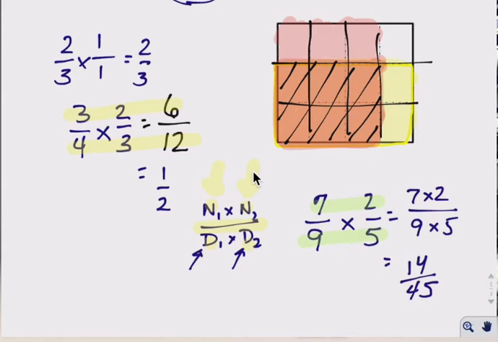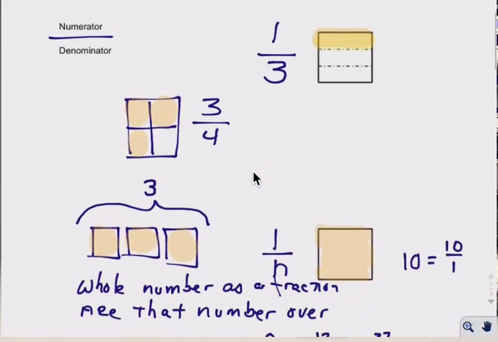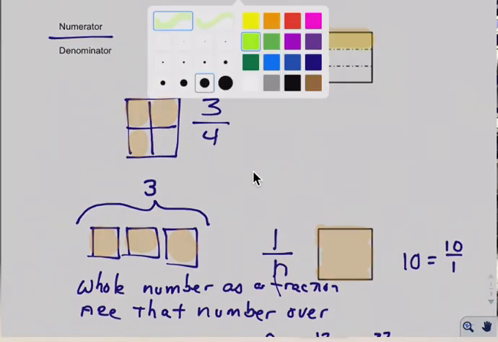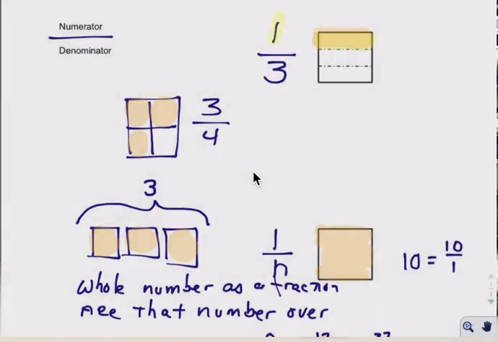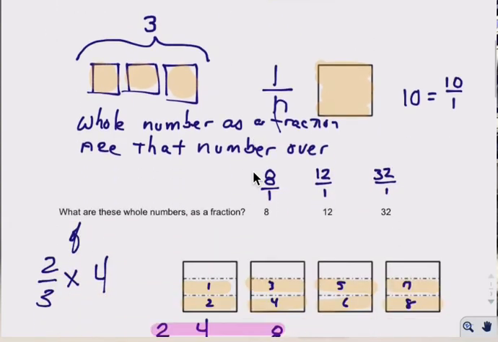Okay? So, quick review. The numerator, how many parts are we talking about? The denominator, how many parts is the whole broken into? Whole numbers as a fraction, 8, is that whole number over 1?